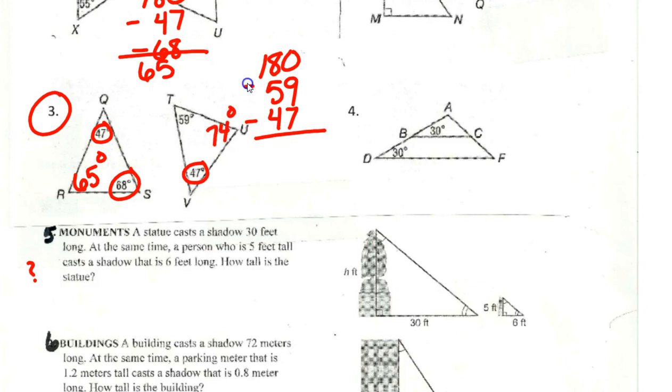Are those two triangles similar? Nope, we only have one angle that's the same, and we need two because then that would make all three. So this one is not similar.